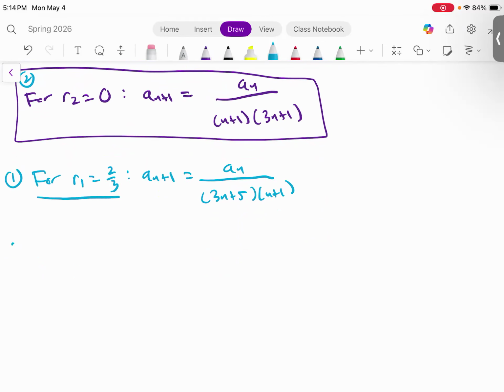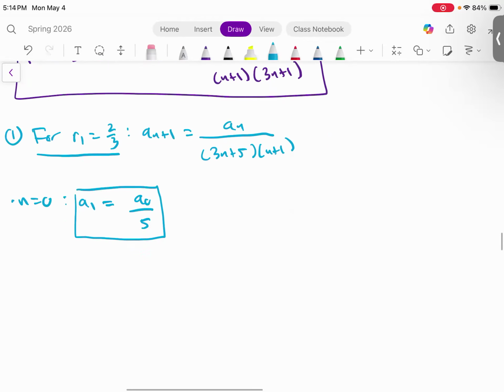All right, so for n equals 0, what we get is a1 equals a0, a naught over 5. Okay, then I'll just go ahead and box that up. Now for n equals 1, I get a2 equals a1 over 16.